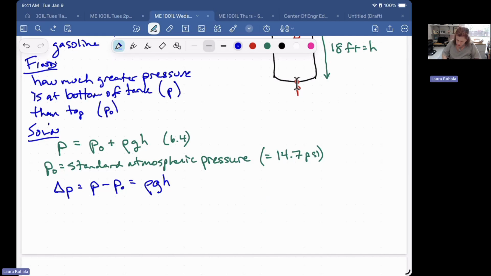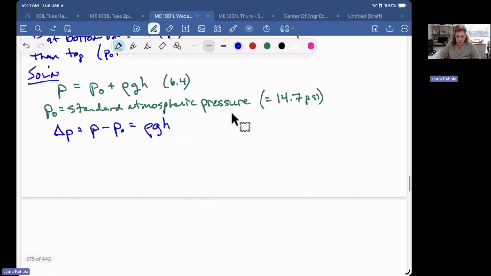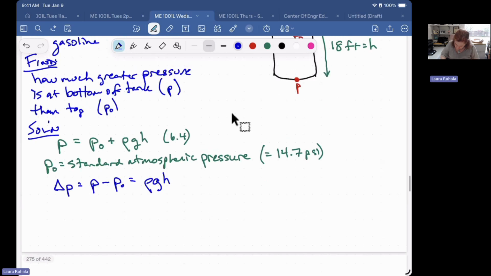All right, so what is rho? For gasoline, from table 6.1, the density of gas is equal to 1.32 slug per cubic foot.